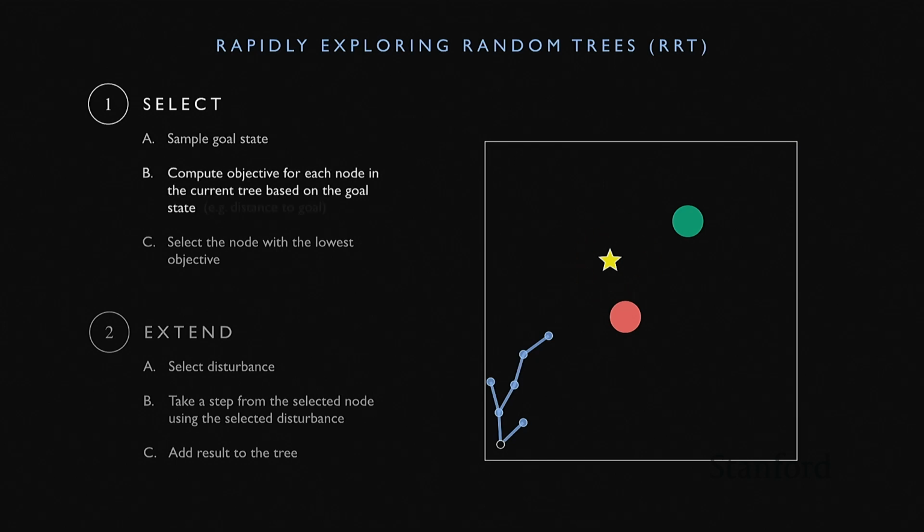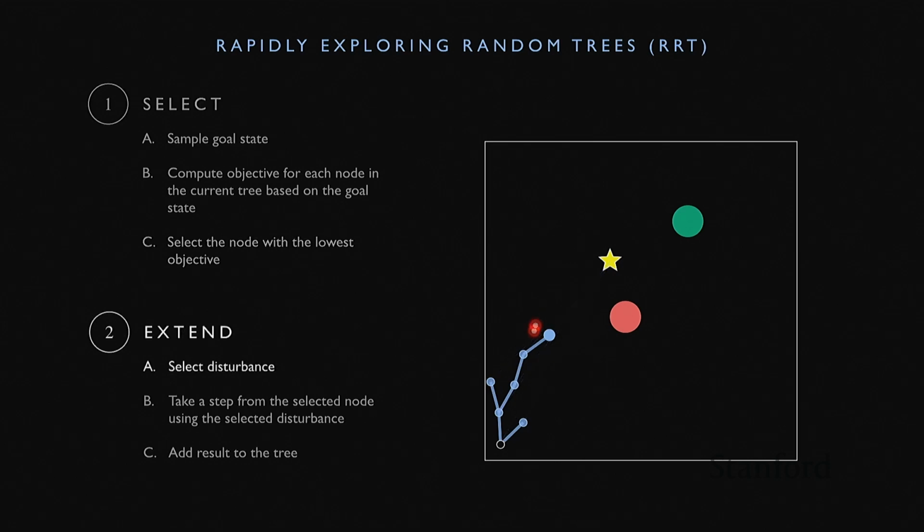And then we compute some sort of objective for each node in the tree based on the goal state. One very simple objective we could use here is just the distance to the goal. So we can look at this goal and compute its distance to each node in the tree. And then all we're going to do is select the node with the lowest objective value. So in this case, we're selecting the node that's closest to this goal state.